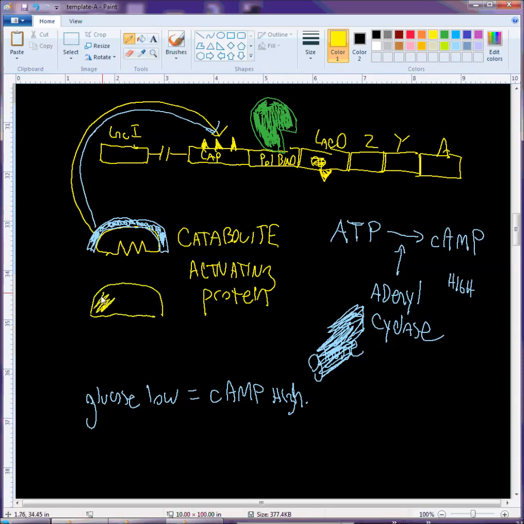Before cyclic AMP binding, CAP looks like this. After it binds, it looks like this, and we have the binding site for the DNA. This binds up here, and as a result, RNA polymerase is recruited at a higher rate to the operon. The operon is transcribed, and we make those lactose catabolizing genes.